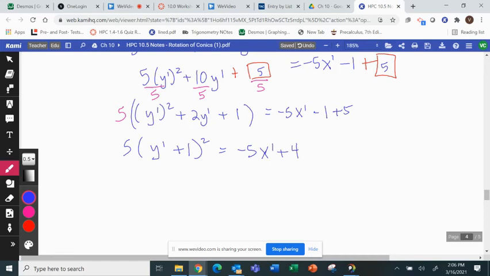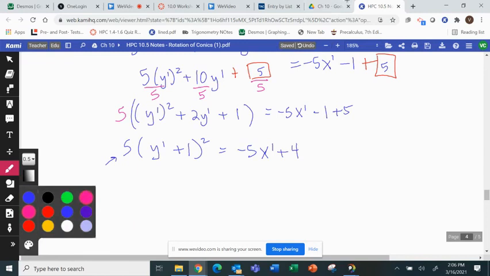This is not the format of the standard graphing form. Does anybody know what is wrong with this form? The x is not factored out. There's something else. I mean the negative 5 factored out. The 5 that is on the side with the y can't be there.